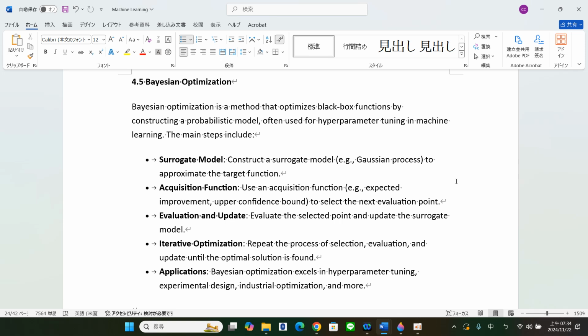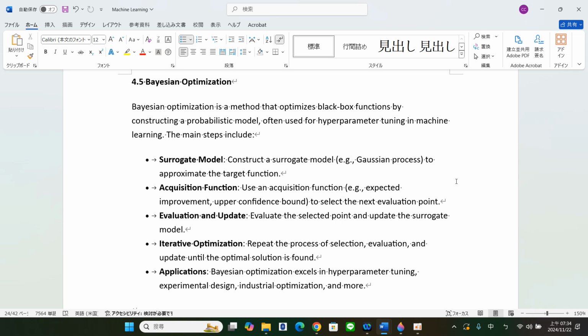Acquisition function. Use an acquisition function, for example, expected improvement or upper confidence bound, to select the next evaluation point. Evaluation and update. Evaluate the selected point and update the surrogate model. Iterative optimization.